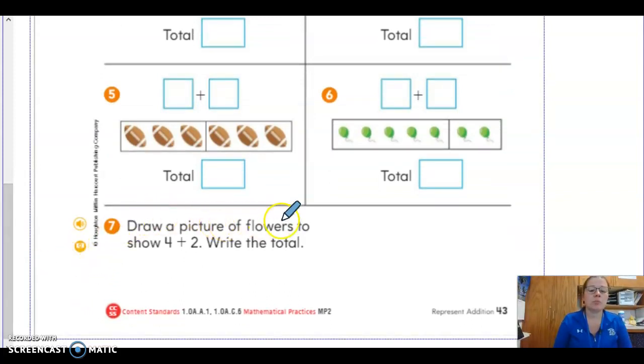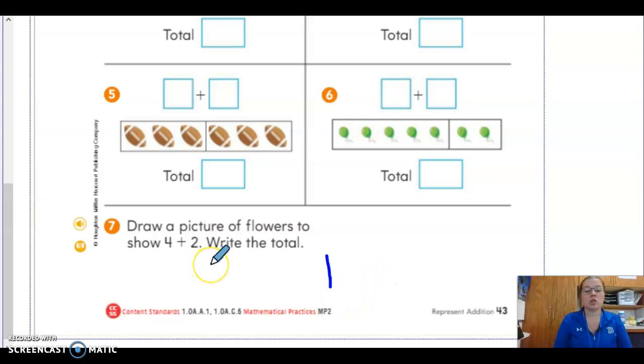Number 7 says, draw a picture of flowers to show 4 plus 2. Write the total. So we would have 4 flowers, and then a break apart stick, and then 2 more flowers, and the total would be here on the bottom.